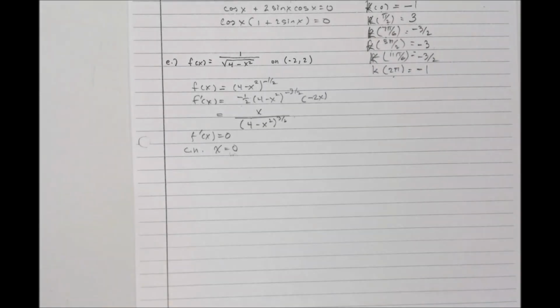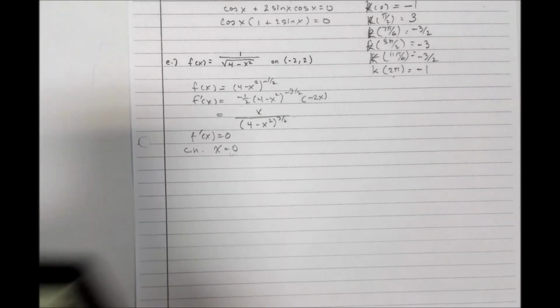Let's see if we can do better than that. Let's zoom this in just a little bit here. Let's go from -3 to 3, and let's go from -1 to 4. That should be plenty here. Hang on 1 second there. Okay, let's see if this graph looks any better.